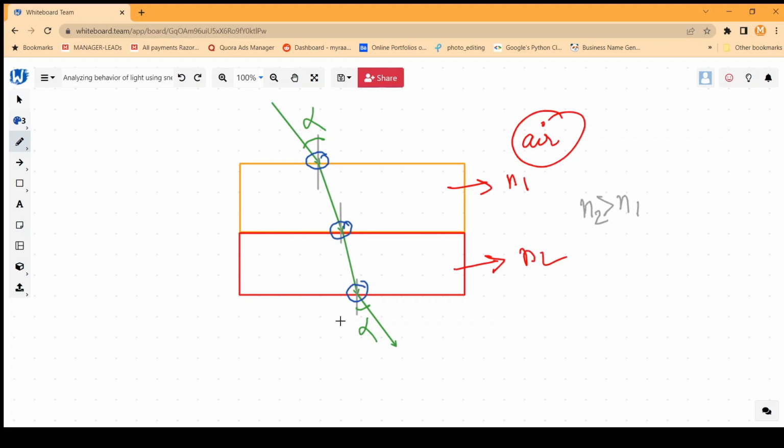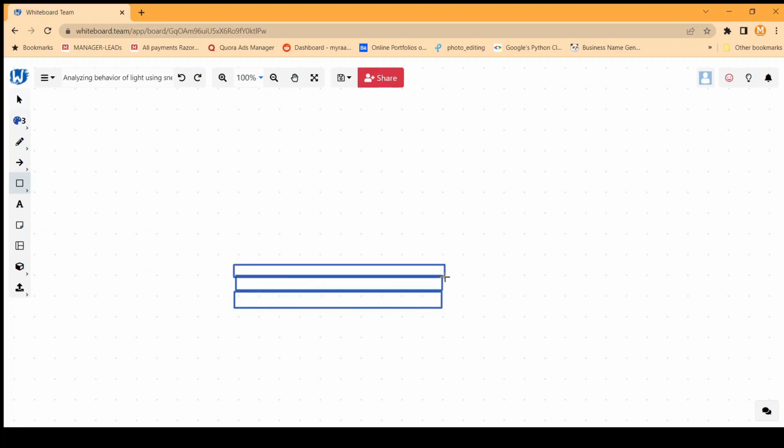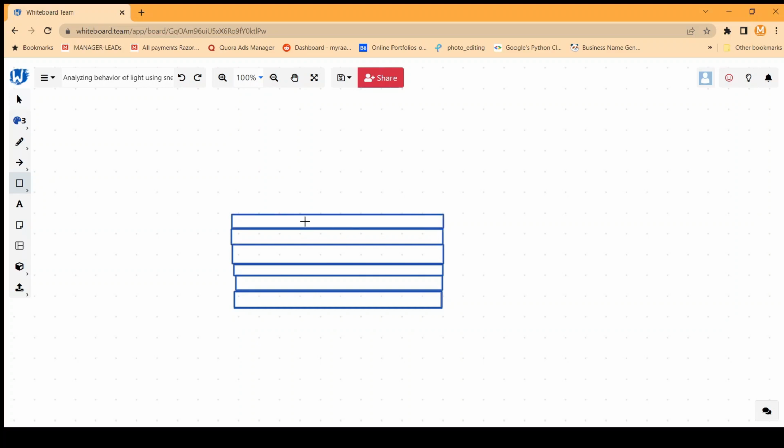To make things a little bit complicated, let's try this one. So let's say we have n different slabs. Slab 1, 2, up to 6, like that, and their refractive indices are variable, so they are changing randomly.